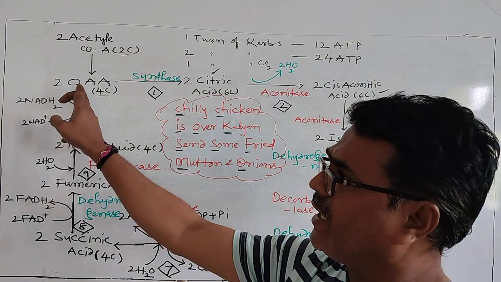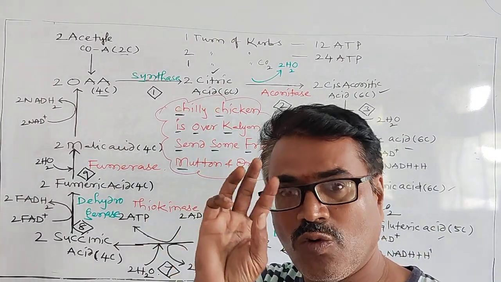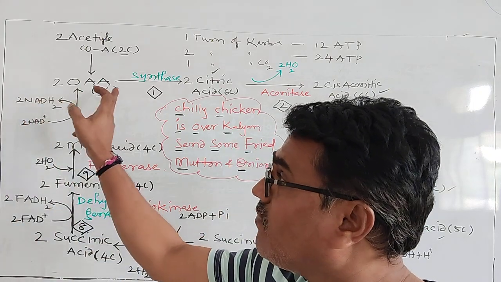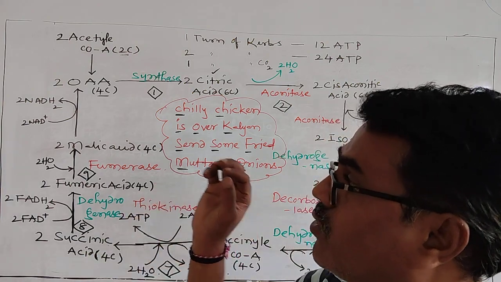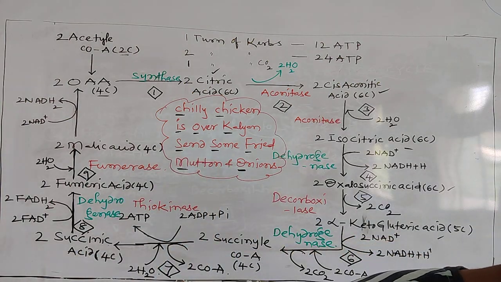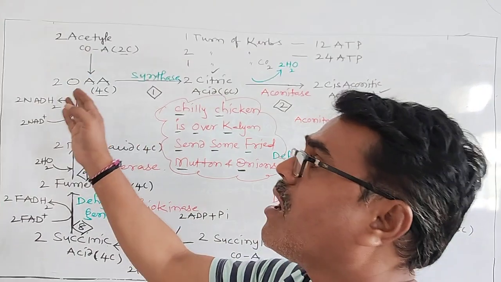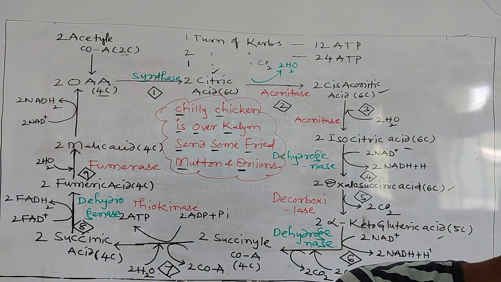The Krebs cycle begins when 2 moles of acetyl coenzyme A are condensed with 2 moles of oxaloacetic acid. The number of oxaloacetic acid produced is 2.